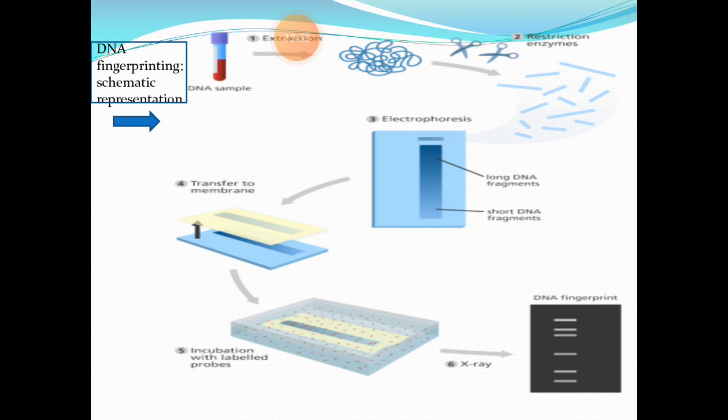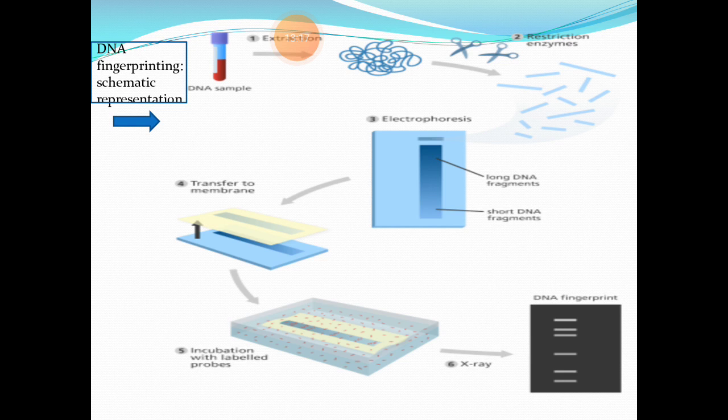And then the same thing is transferred to a membrane, NC membrane, that is nitrocellulose membrane, for southern blot. Okay. In the diagram labeled 4, the blue one is actually the gel and the yellow one is the NC paper.